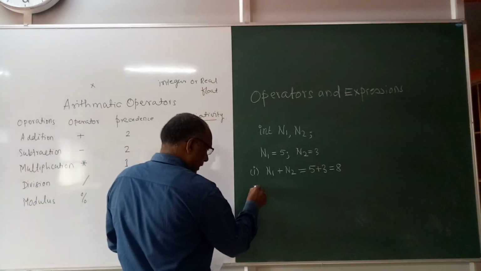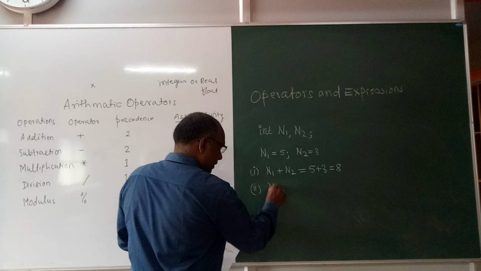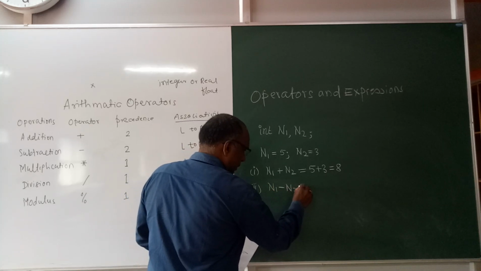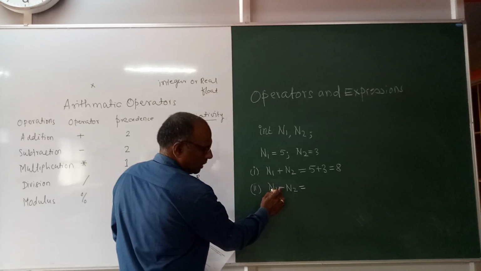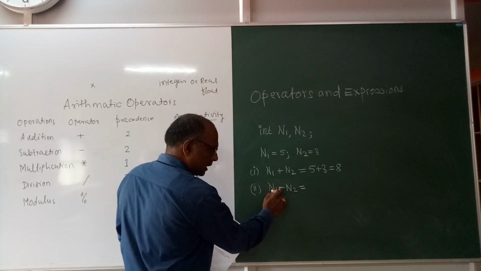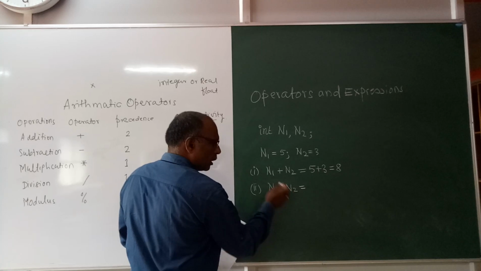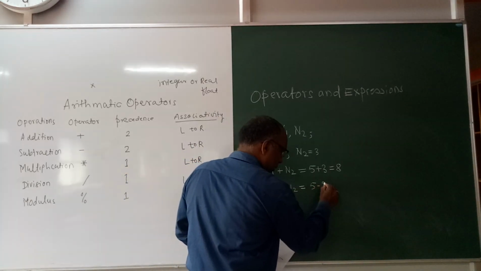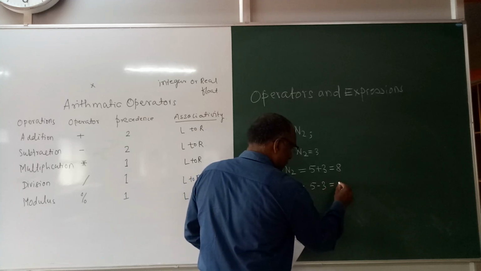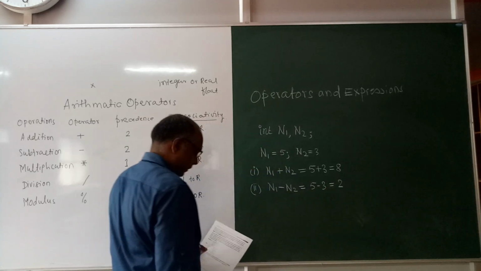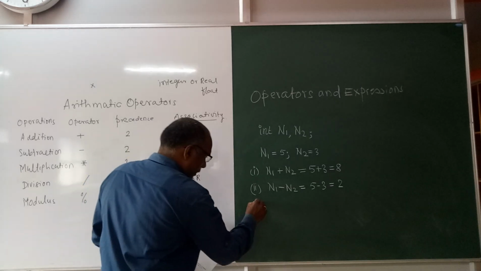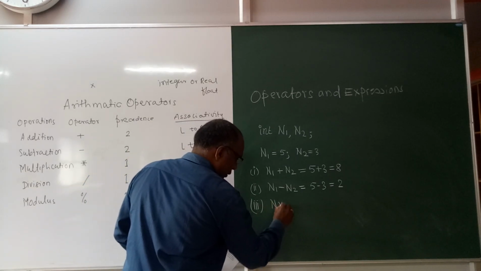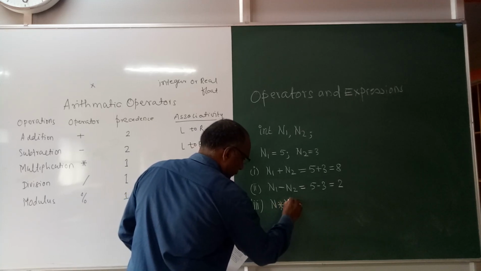If I take another, n1 minus n2, the minus is the operator, and n1 and n2 are operands, that is 5 minus 3, and this is 2. Say I'll take multiplication here, that is n1 asterisk n2.